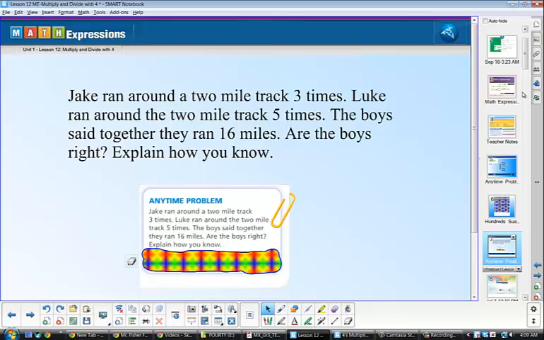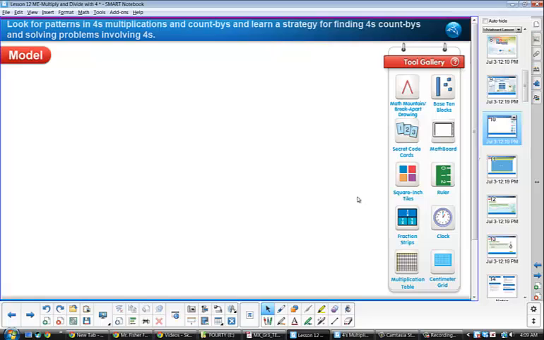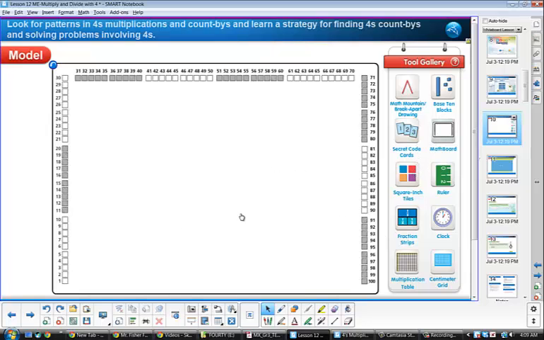Next, we're going to skip clear over to here, and we want to model the math board. Let's look at the fours. If we count off 1, 2, 3, 4, we can see that 1 times 4 equals 4.